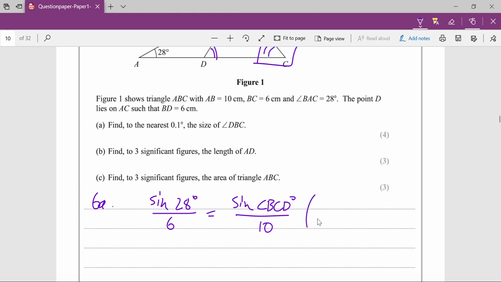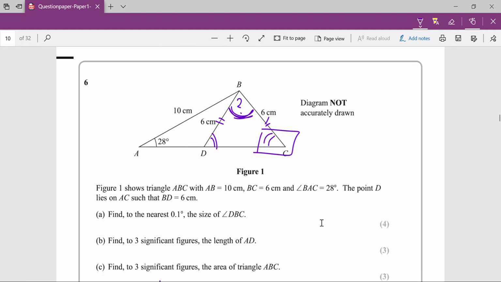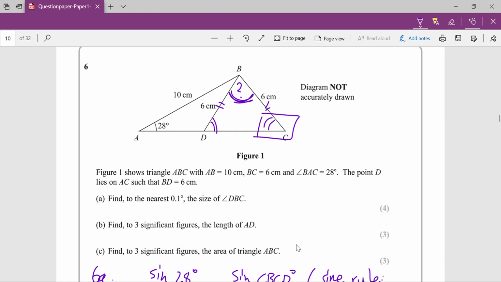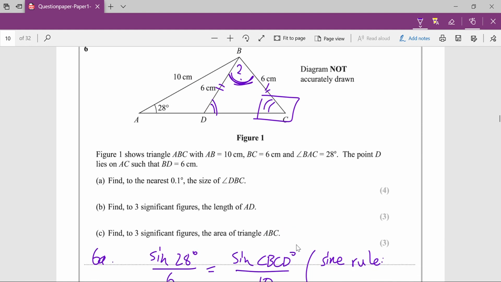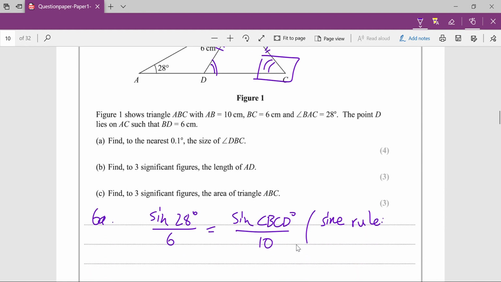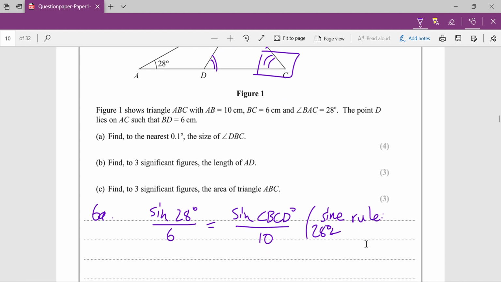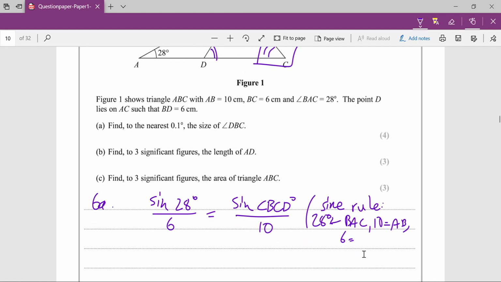Because this is following the sine rule, we might want to mention that we are using the sine rule here, where 28 is the angle BAC, 10 is AB, and 6 is BC.